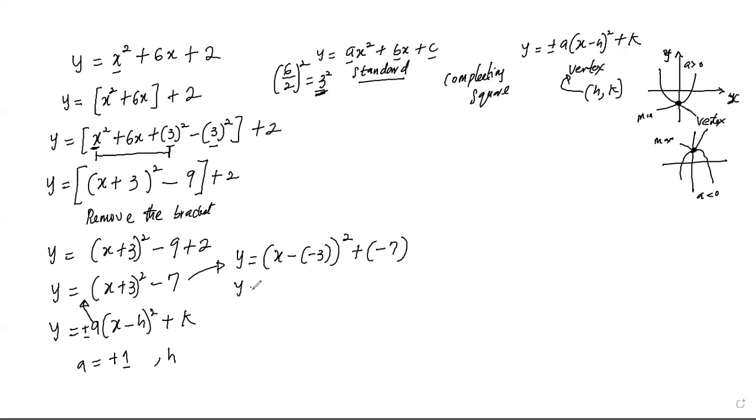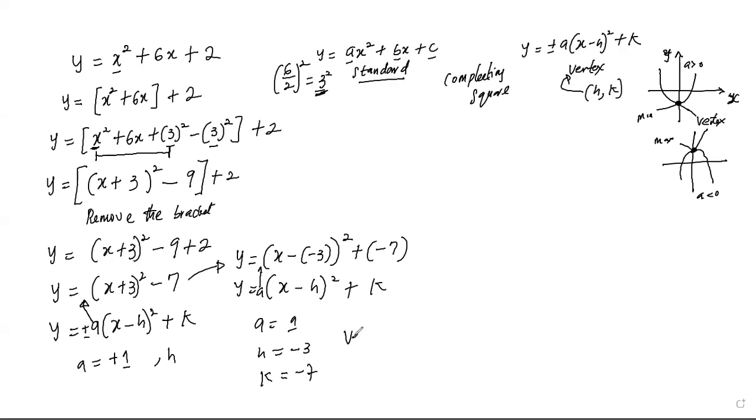So we have this as (x minus h) all squared plus k, right? So you see now a is the one here, which we just figured out. a is 1, and h is equal to minus 3, and k is equal to minus 7.